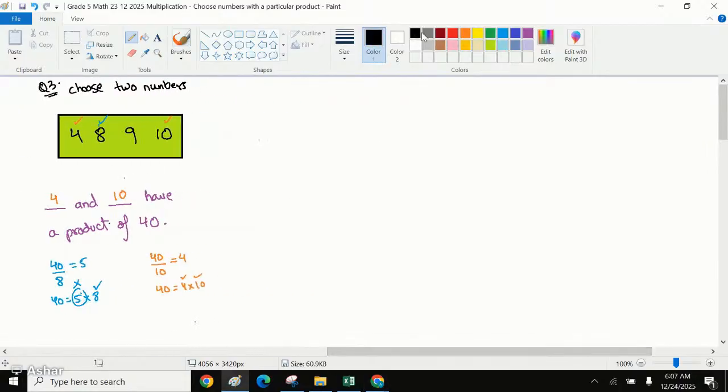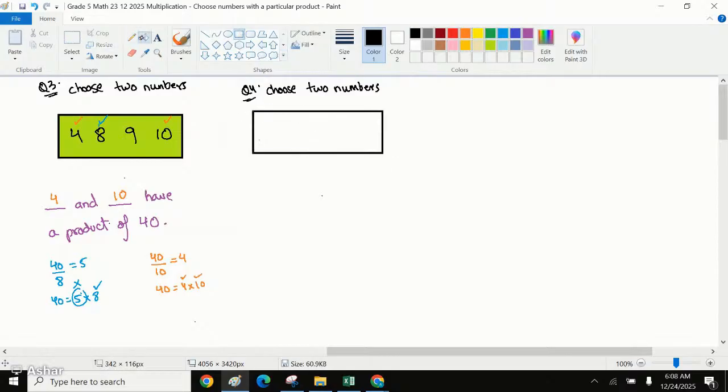In question number 4, it still says choose any 2 numbers, right? And the options given to us are 3, 8, 9, and 10.